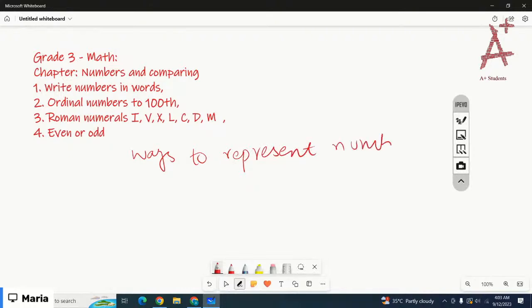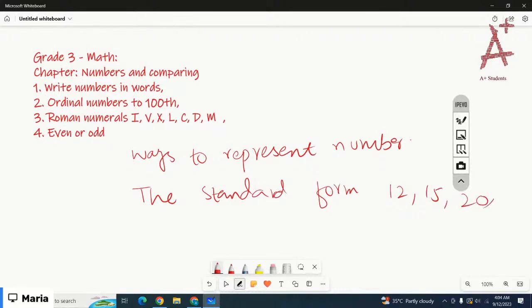They are the standard form, usually in which we write the numbers. For example, 12, 15, that is known as standard form. Then you have words. You can write twelve for 12, and fifteen for 15. These are the word form.